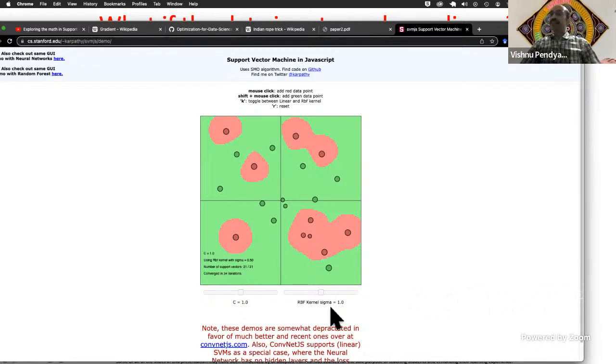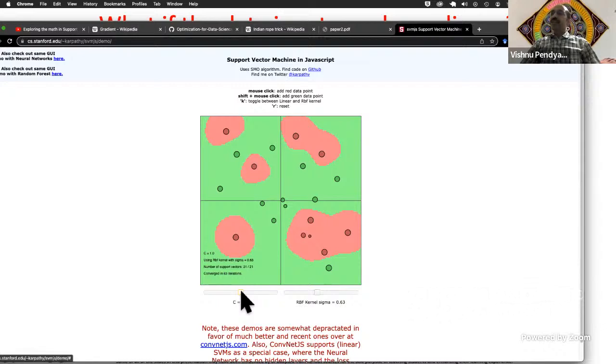The denominator, the variance. So the variance kind of determines the influence, right? As I decrease the sigma value, the radius decreases as well.